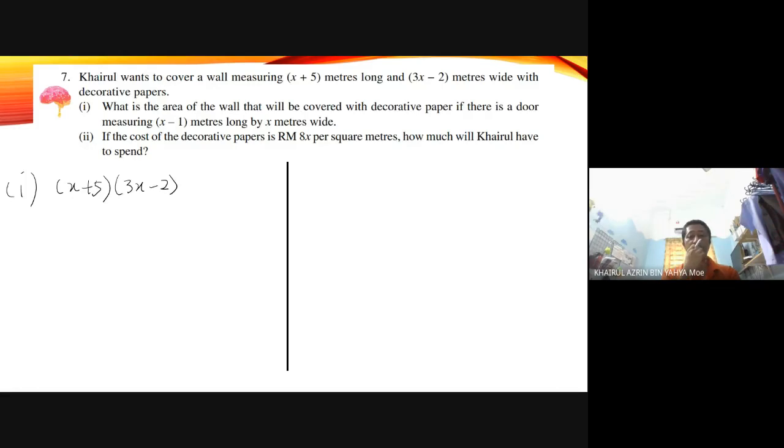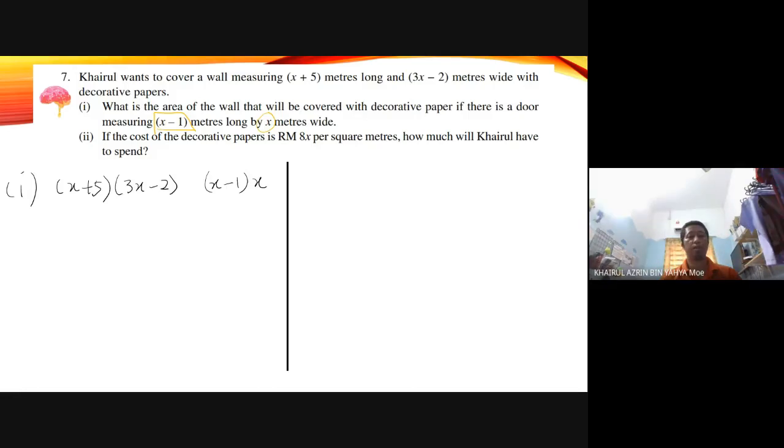And then, the door. How about the door? Let me highlight this one. The door is given here, x minus 1 meters long by x meters wide. So the door is x minus 1 times x.